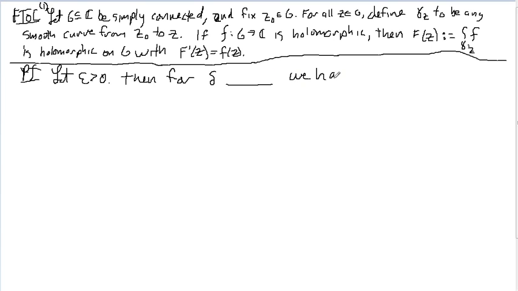I want the derivative to equal f, so the derivative looks something like this. If I take this quotient all over delta z, this is how I figure out the derivative.